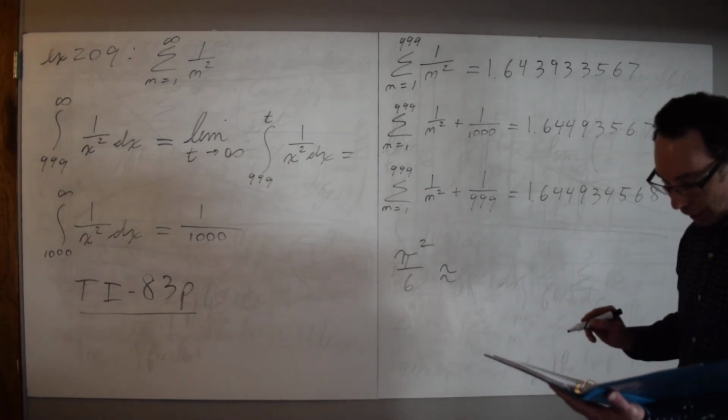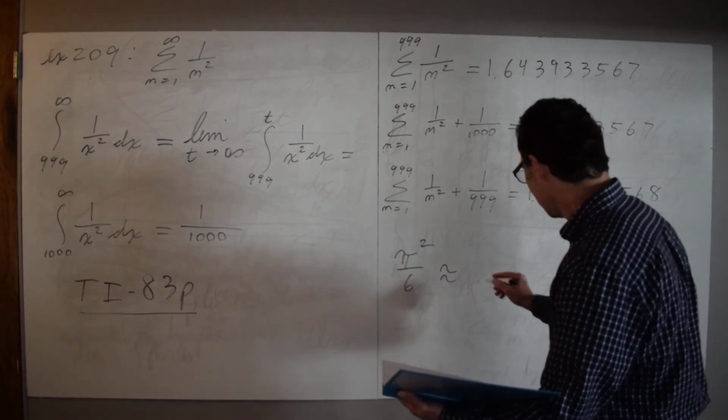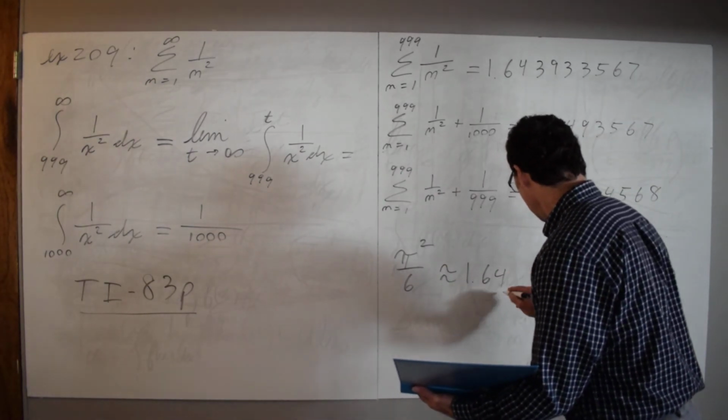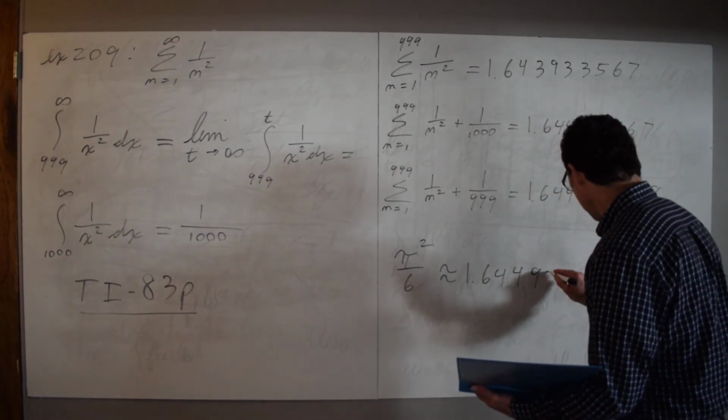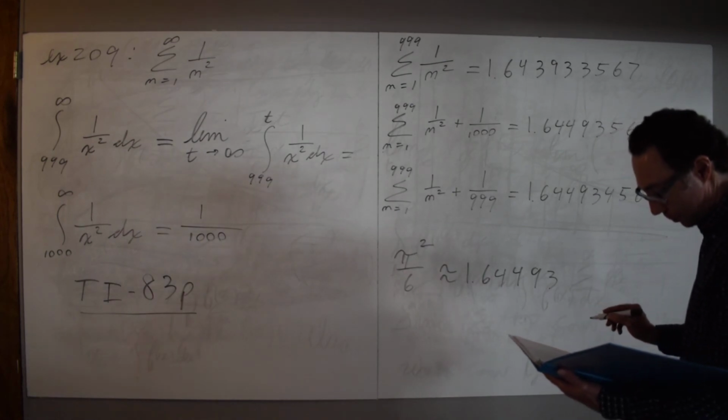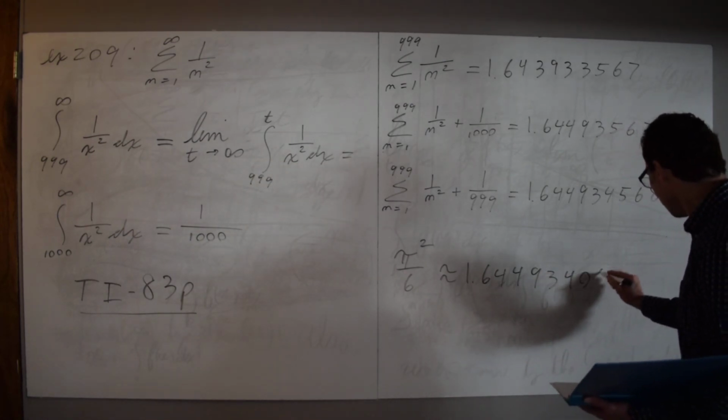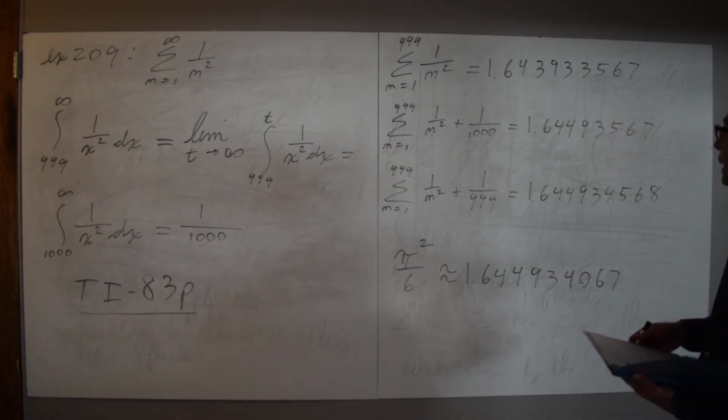And according to my TI-83 Plus, pi squared over 6 is approximately 1.644934067.